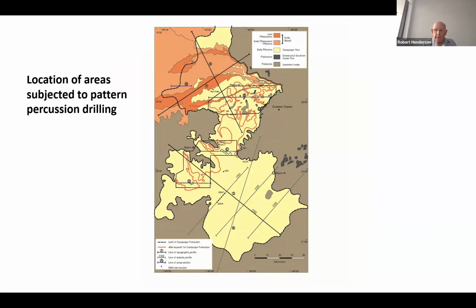Now, the bedrock in this general region is mineralised. Here's Charters Towers, and Charters Towers, late last century and early this century, was an amazingly productive goldfield. It was a feature of world gold production. It had its own stock exchange.